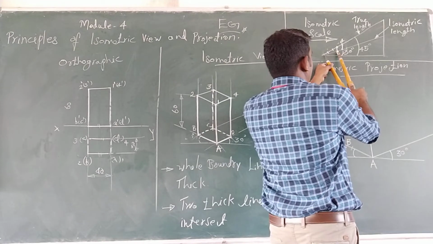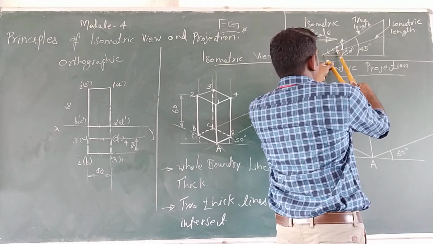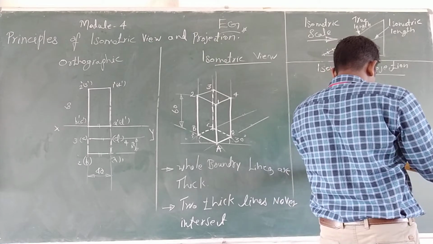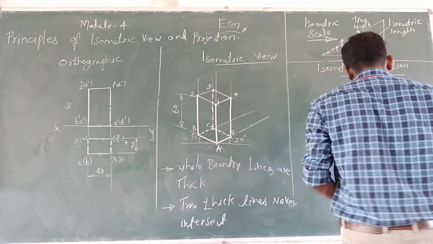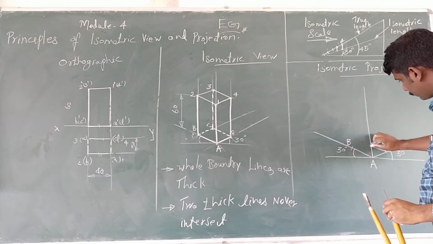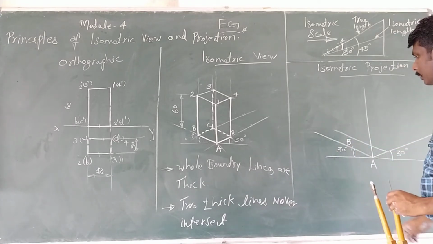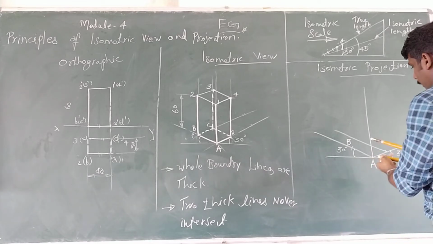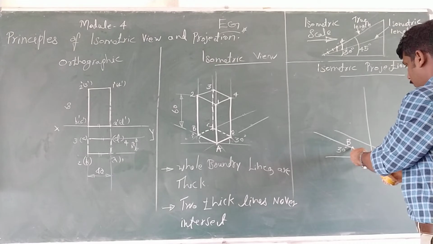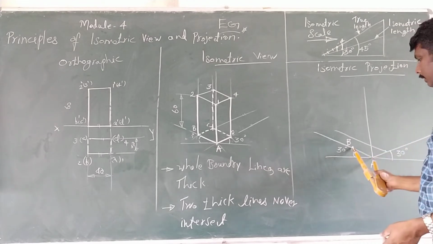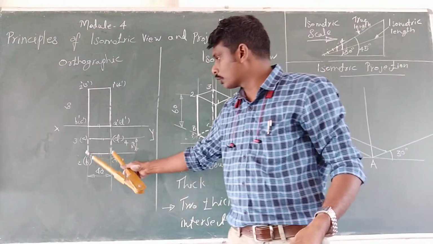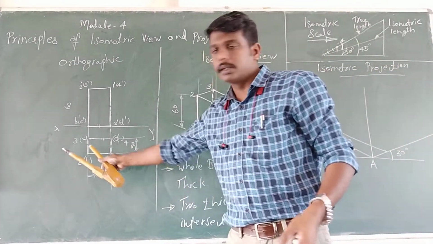Take the isometric distance of 3 and mark it here. Then draw a line parallel to A to B and mark the distance. The isometric length of A to B is the same as the isometric length of D to C.